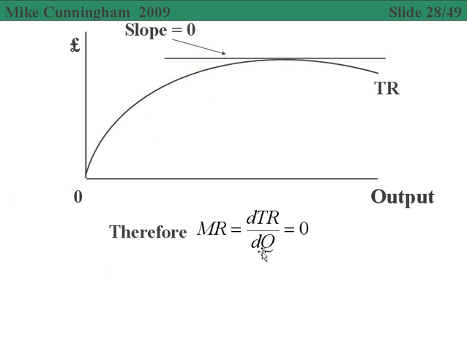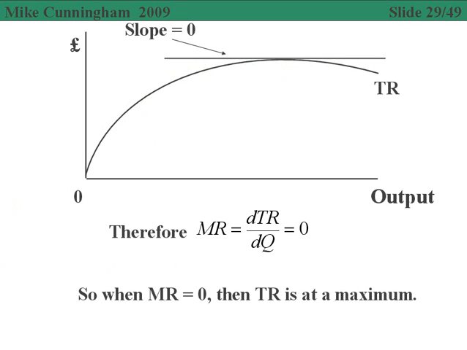And when that's equal to 0, then the total revenue is maximized. So when marginal revenue is equal to 0, then total revenue is at a maximum. That's worth remembering.